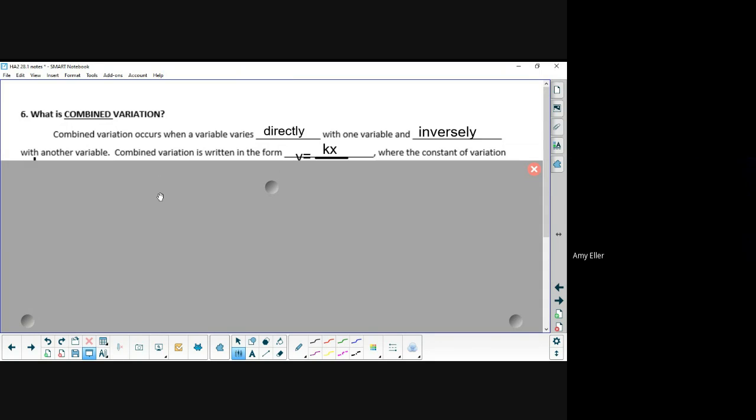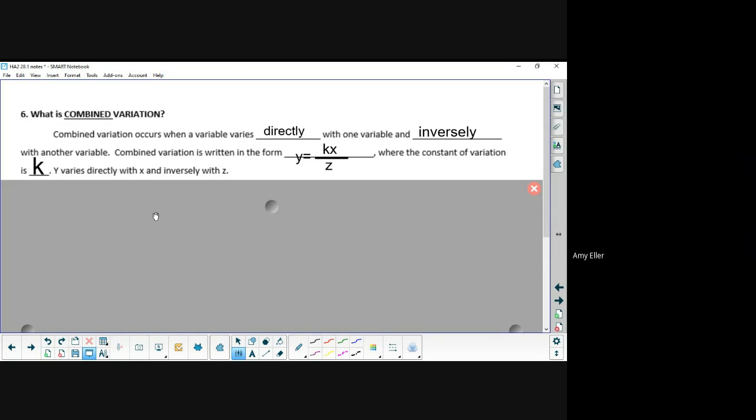Combined variation is written in the form y equals kx over z, where the constant of variation is k.